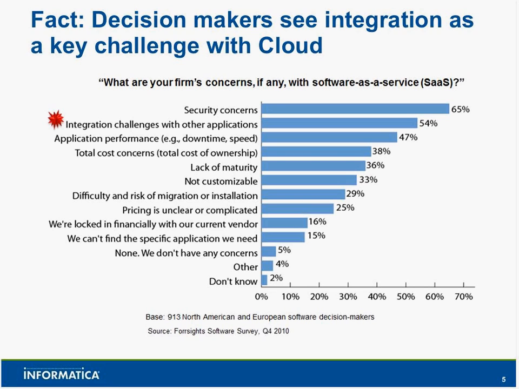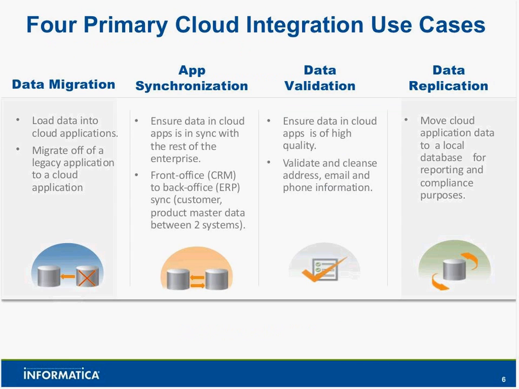At the Gartner conference recently, the analyst actually said some of the security questions are more about job security, where people are throwing up barriers. What we've seen at Informatica is that security is more of a question than an objection. So it's definitely something that vendors need to be able to answer, but integration is really becoming the critical component to an all software as a service application strategy.